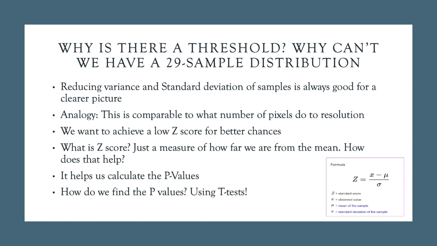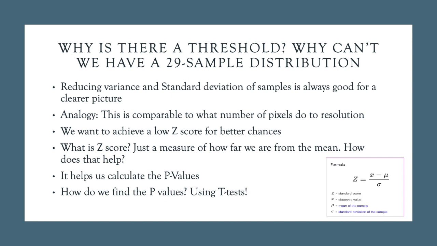Remember all the weird letters I mentioned? The Z's, the P's, and the T's? We, I think, already know a little about the z-scores being a measure of how far away an observation is from the mean, provided the inputs are more than 30.